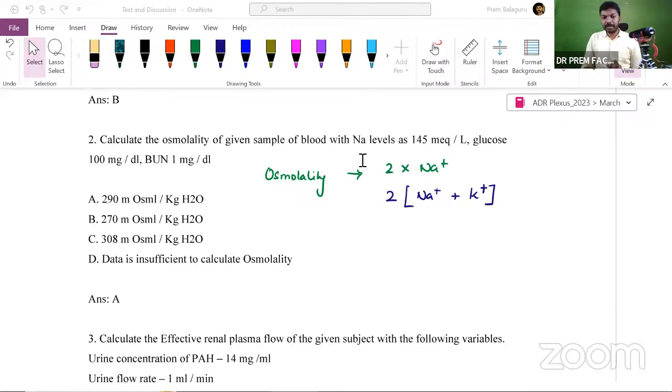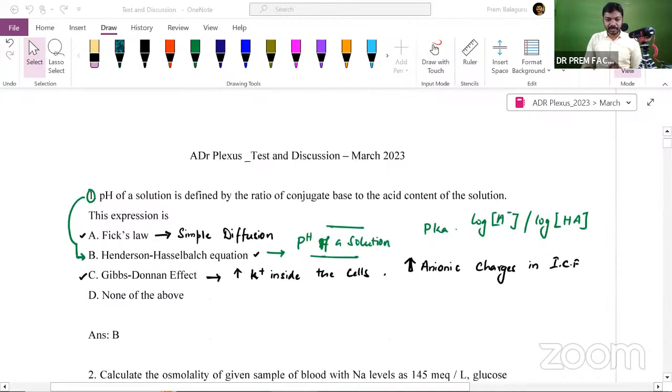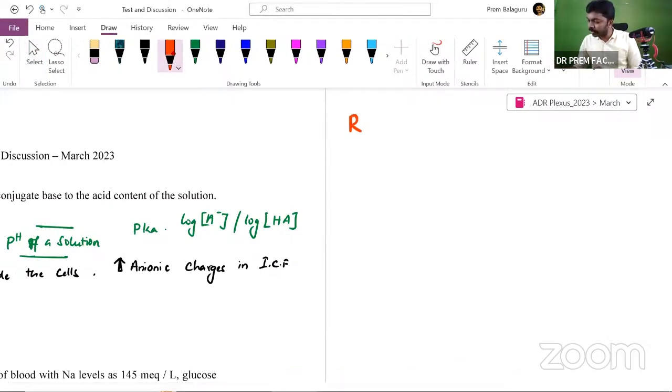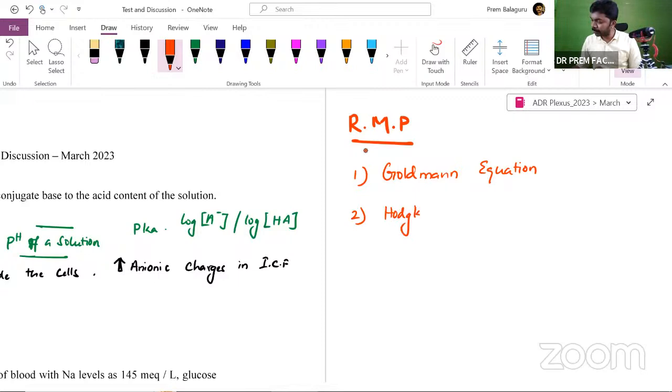So, let me clarify that question as well. When it comes to calculating resting membrane potential, RMP is calculated using two equations. Number one, the Boltzmann equation. If not the Boltzmann equation, the second one is going to be the Hodgkin-Huxley equation.